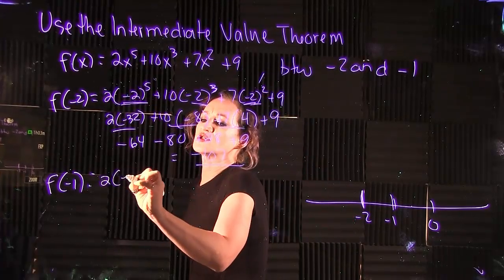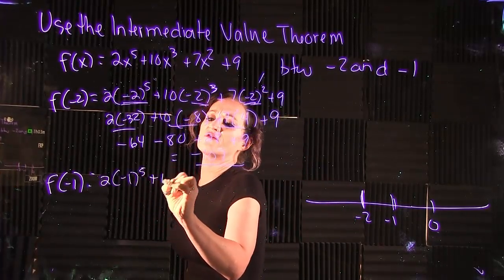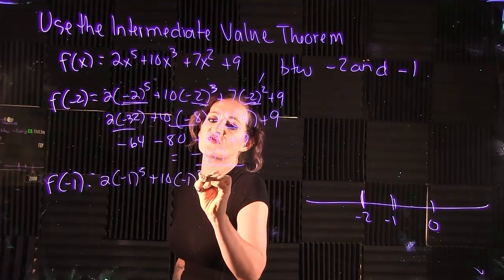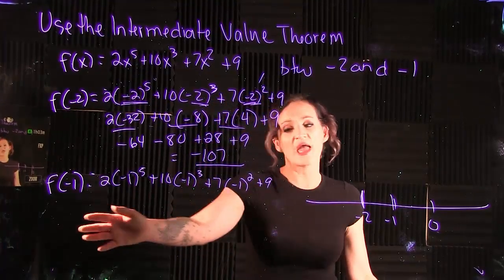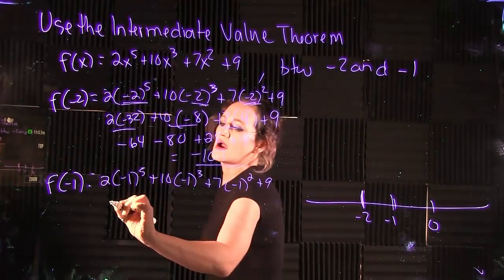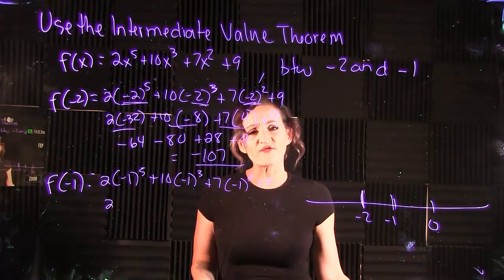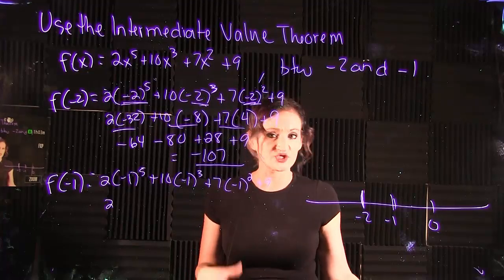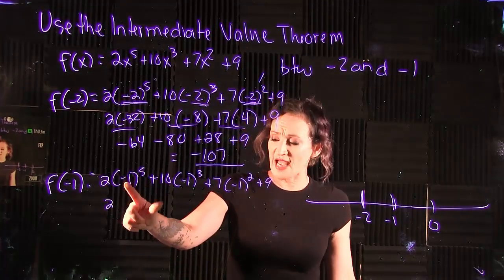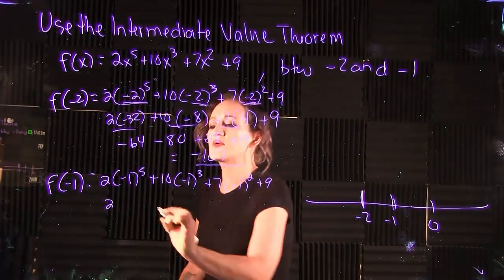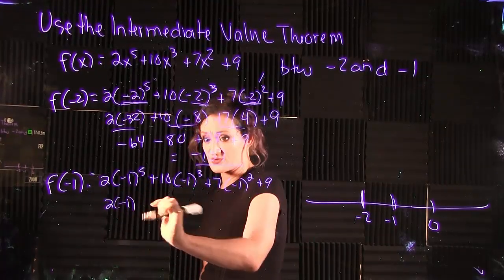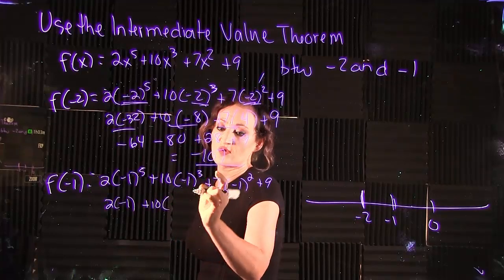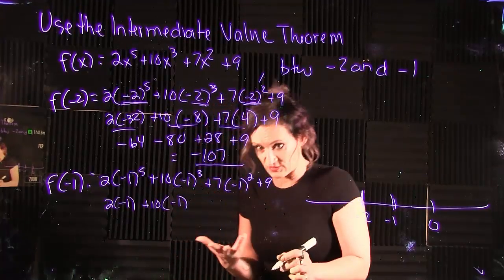So we're just going to be plugging in a -1 into x for the same exact equation and we're going to simplify this. If we're dealing with a -1, we know 1 times 1 times 1 times 1 is just a 1. If it's negative and it's raised to an odd power, it's going to stay negative, right? -1 times itself 5 times is still -1. -1 times itself 3 times is still -1.